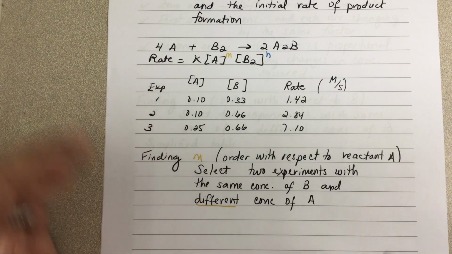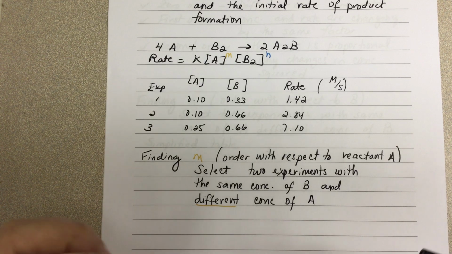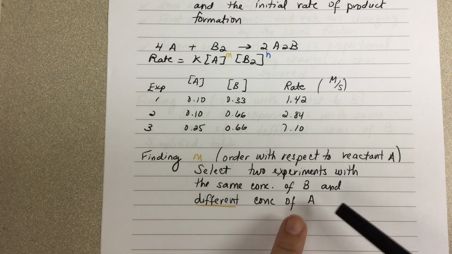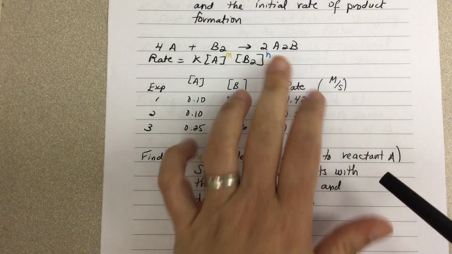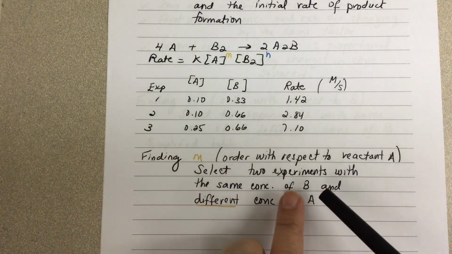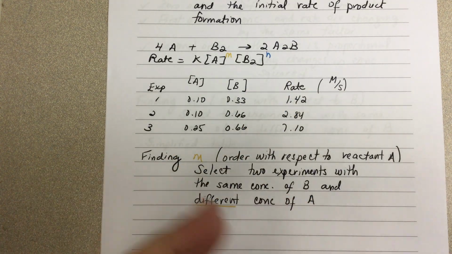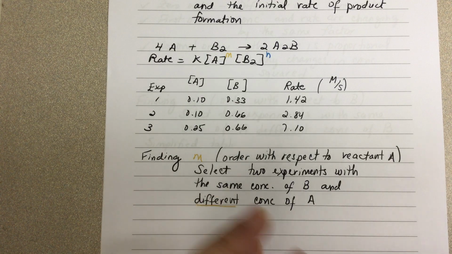From your experiments, you're going to choose 2 of them where the concentration of A, the one that you're trying to get, is different, and the concentration of B, which is the other reactant, and you're not trying to get that order yet, is the same. And doing that, you're actually canceling out that concentration for your reactant B2, because it's going to be the same in 2 different experiments.